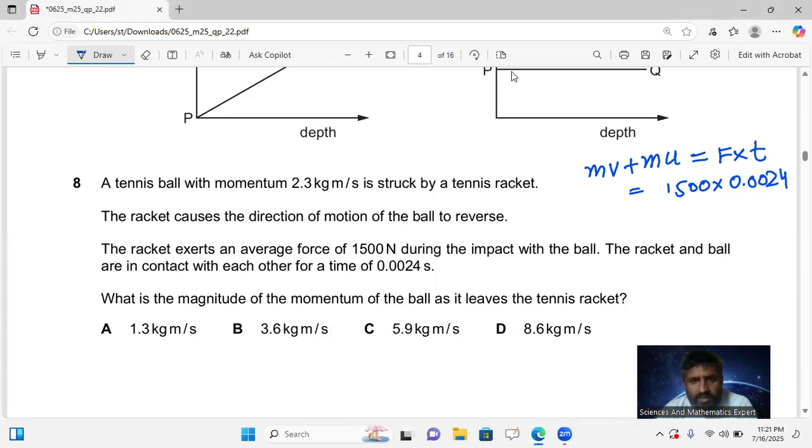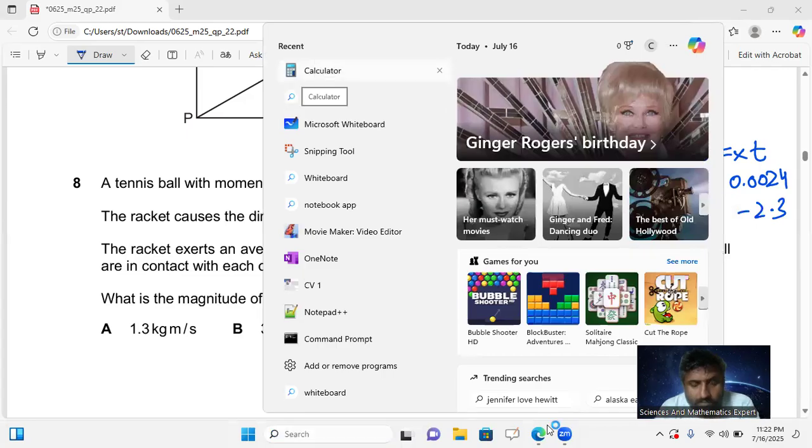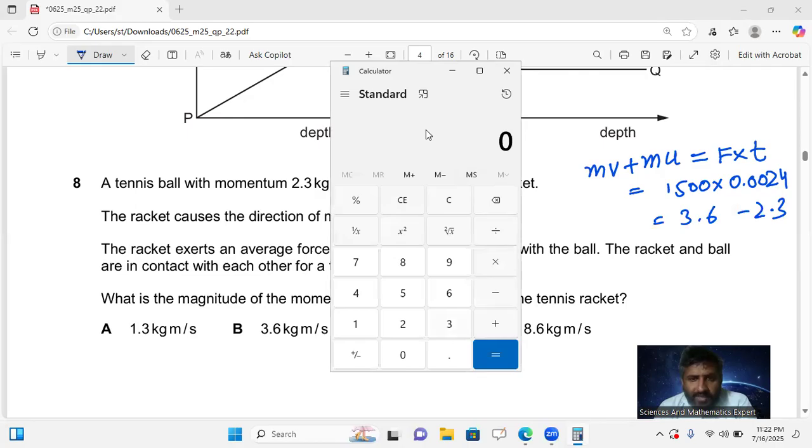So it is 3.6 minus 2.3, and I'm getting 1.3.